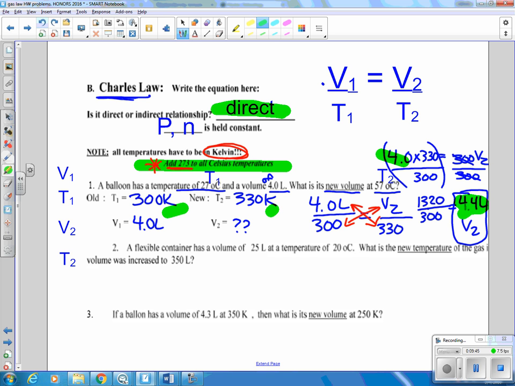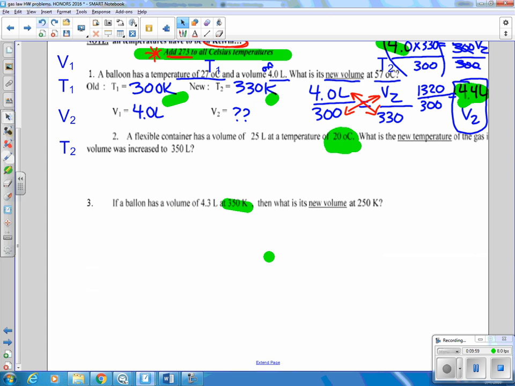So make sure you change 20 degrees on the next problem to Kelvin, and then number 3 is already in Kelvin. So when you go down to number 3, you're going to be taking 4.3 divided by 350 and set that equal to a new volume at 250.